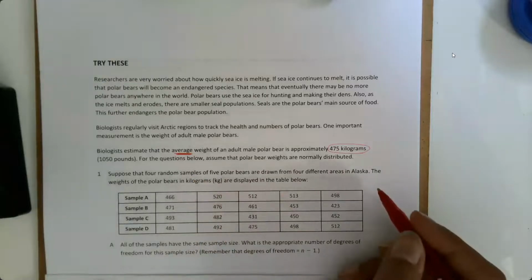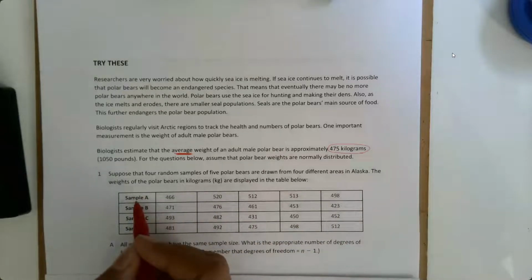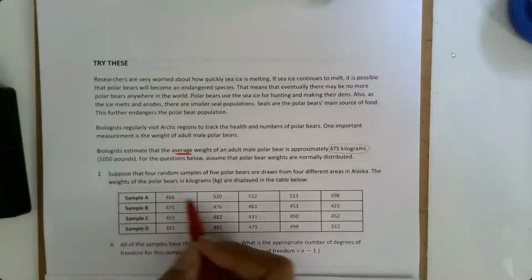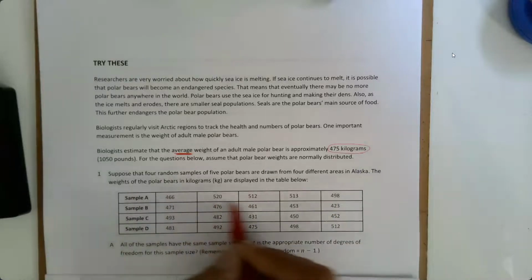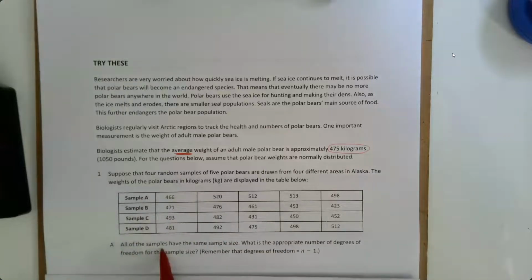In each sample, we have 5 weights. So this is sample A, sample B, sample C, and sample D. We have 1, 2, 3, 4 samples. In each sample, we have 5 weights. All of the samples have the same sample size.